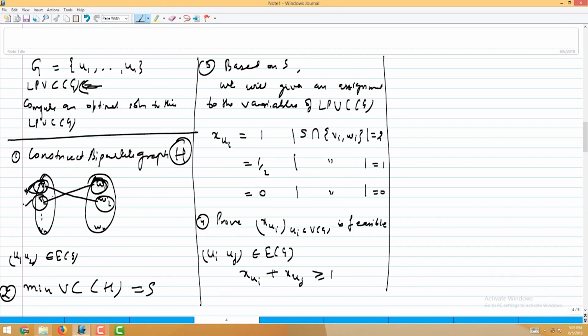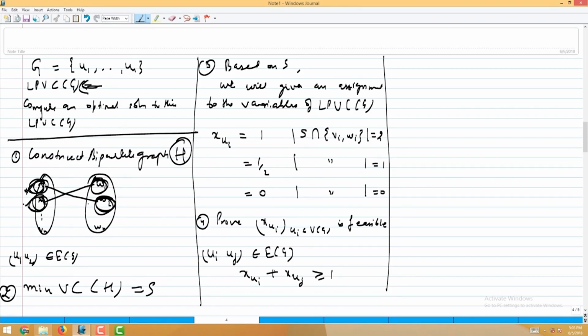I don't know which two, but some two. Now look at all the cases. Suppose S picks both vi and wi, both the copies of ui, in which case x of ui would be 1.